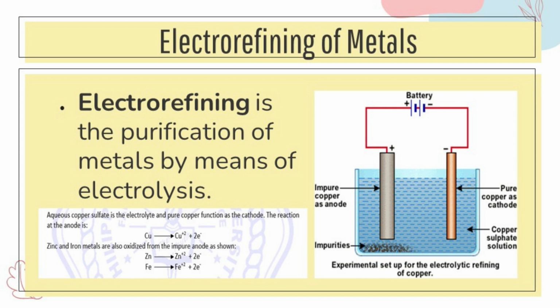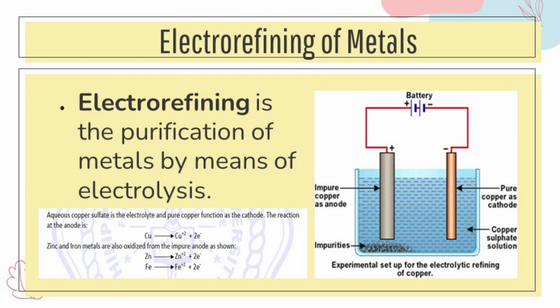Okay? So ang mangyayari dito, apply tayo dito ng electric charges sa impure copper, and then right after that, we're gonna be producing pure substances. And then it is with the help of our chemical medium or electrolyte, that is a copper sulfate solution. And then our waste product in here would be the impurities that come from the impure copper.